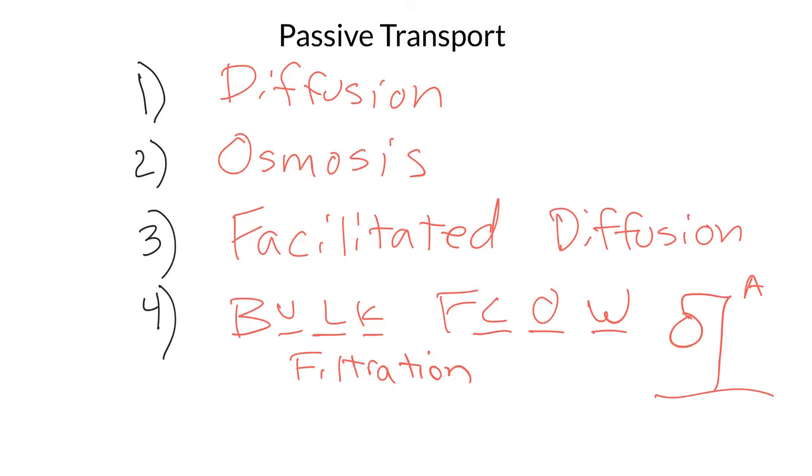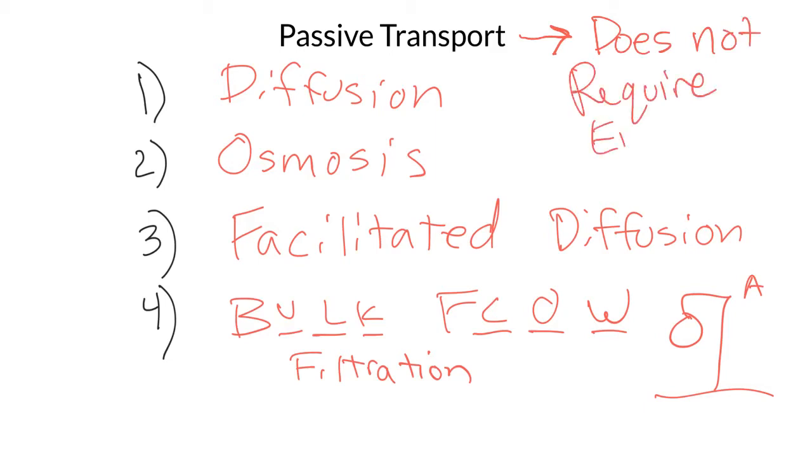All right, so let's talk about these on here. Passive transport, by definition, what does that mean? Right, it does not require energy. Is that any type of energy or specifically?